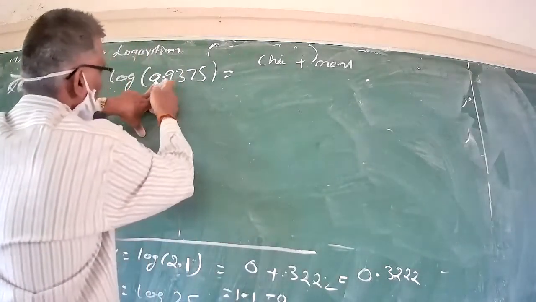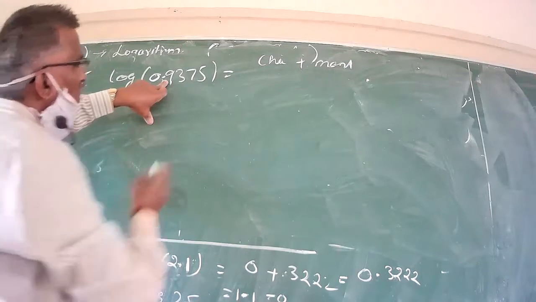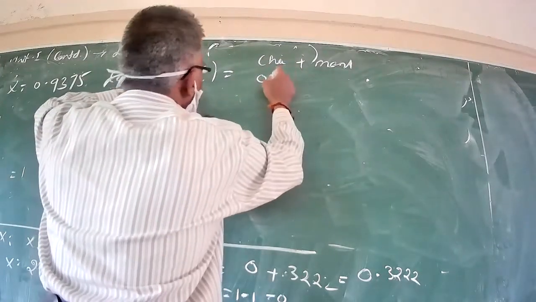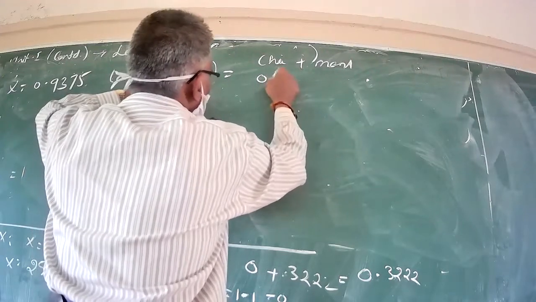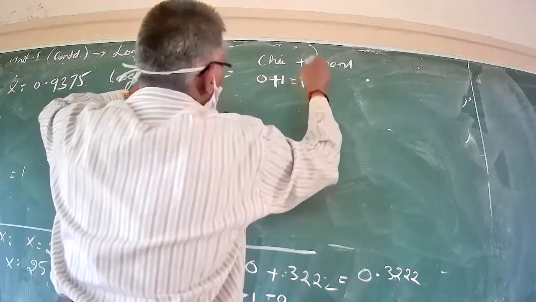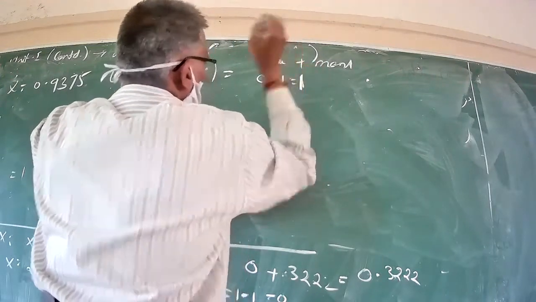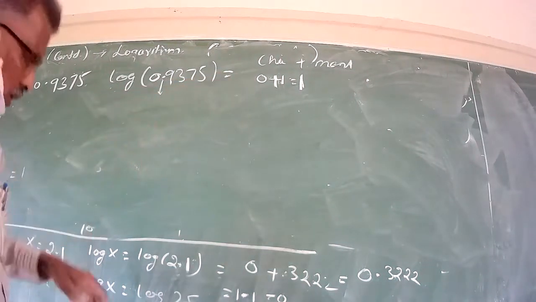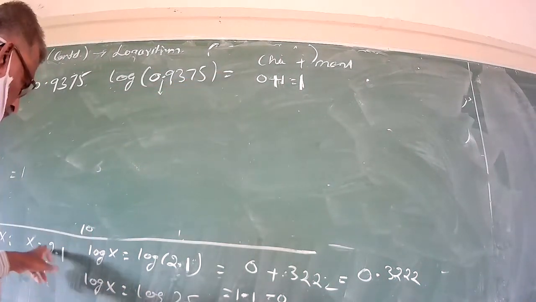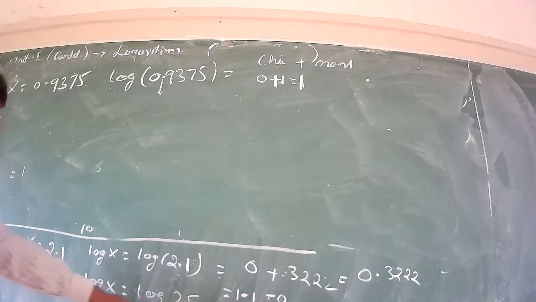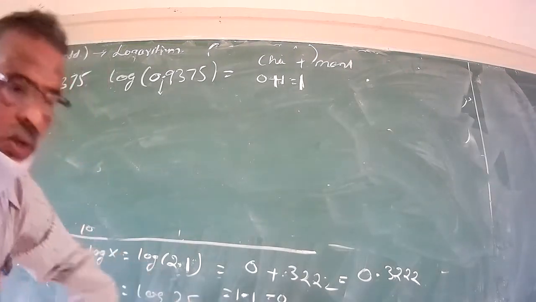In this case the number of zeros is 0, so 0 plus 1 equals 1. So the question arises: is it the same as a characteristic of 1?